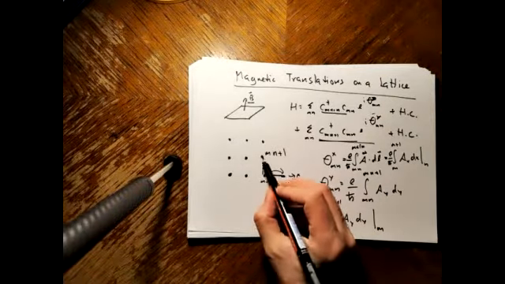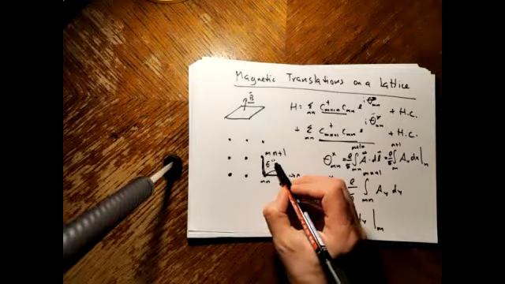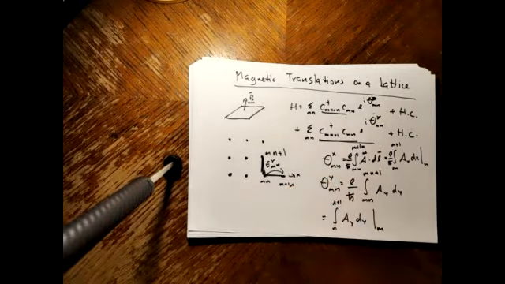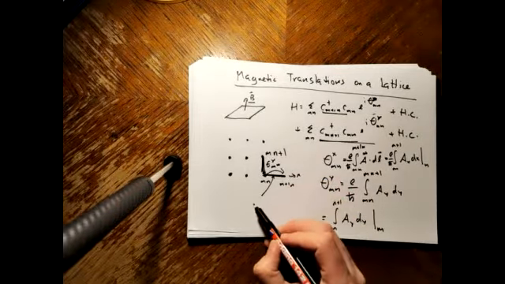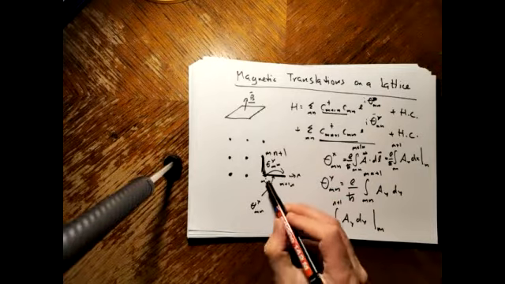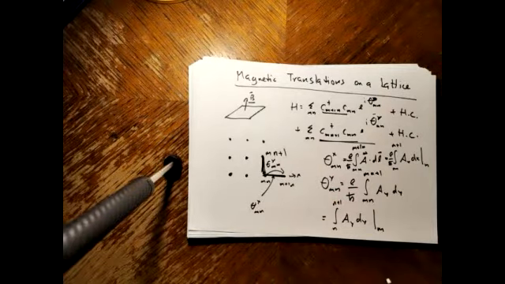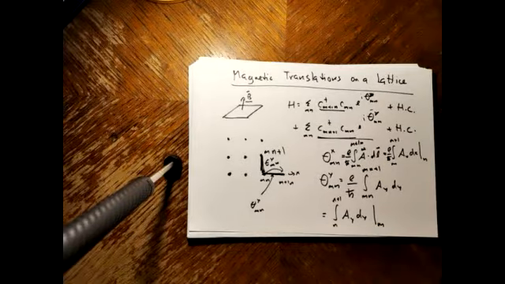So what I just gave you is θ^y_{mn} along this bond. θ^x_{mn} is along this bond.